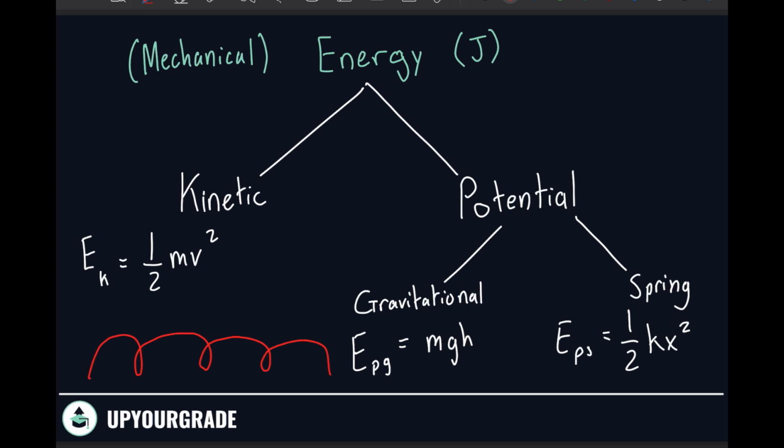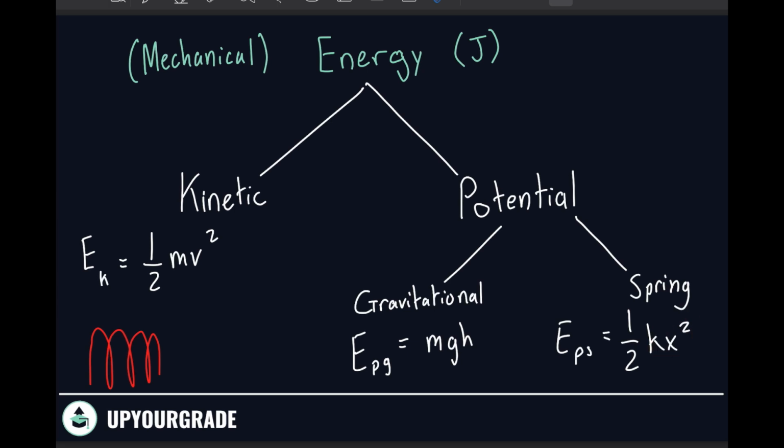So it has no kinetic energy, but it has the potential to move, because when I drop it or I release my grip on that end, the spring is then going to bounce back and it's going to revert back to the way it looked over here. So spring potential energy is the compression or extension of a spring by the displacement of x.